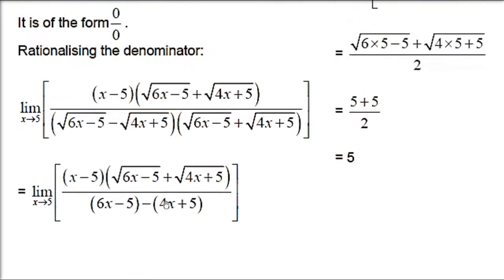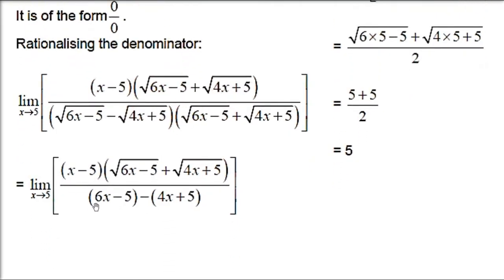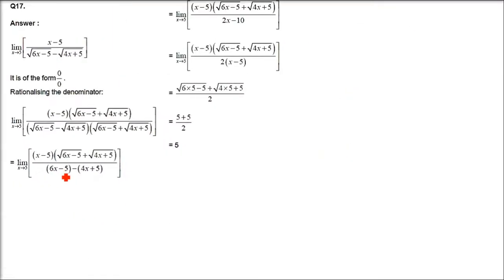So you have a square minus b square. So you have 6x minus 5 minus 4x plus 5. So 6x minus 5 minus 4x minus 5, you get 2x minus 10. Now you can take 2 common from here, x minus 5 will come. So numerator and denominator, you can cancel x minus 5.